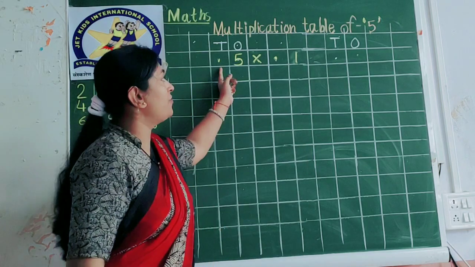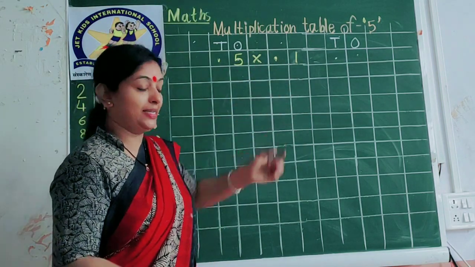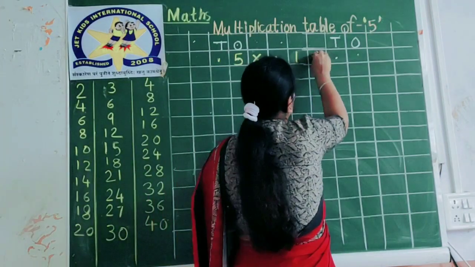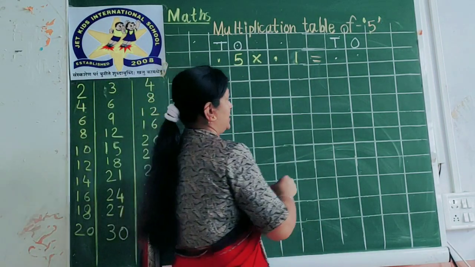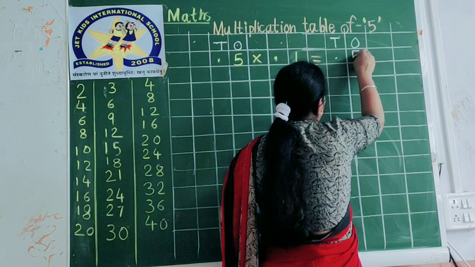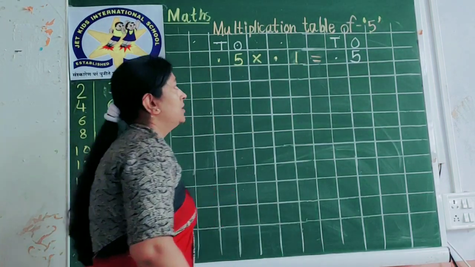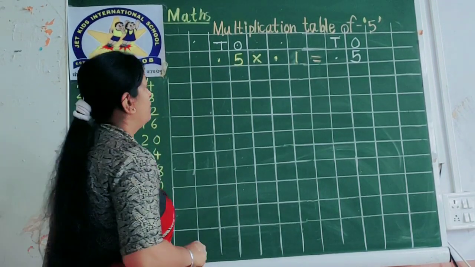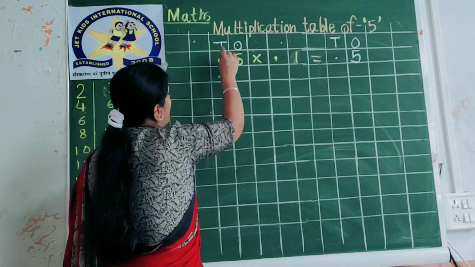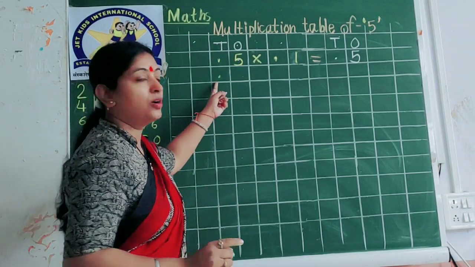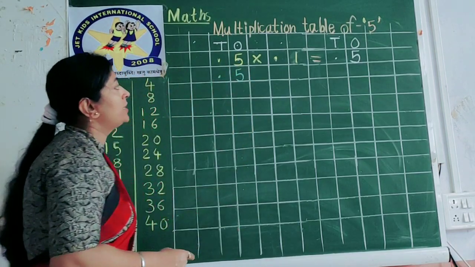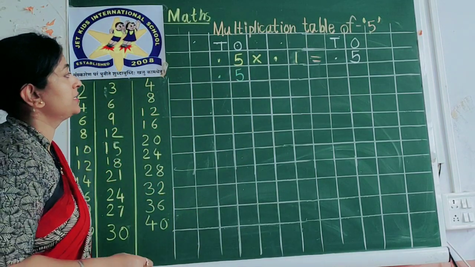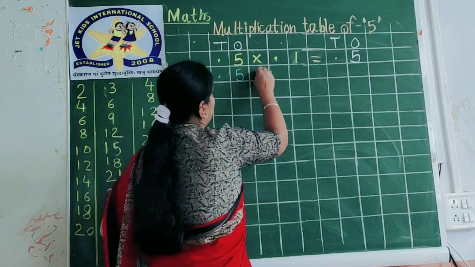So we are going to write 5 ones are, and we should put an equal to sign here. 5 ones are 5. Next, 5. Put the dot under tens. Tens column. We have to write 5 again in the ones place.